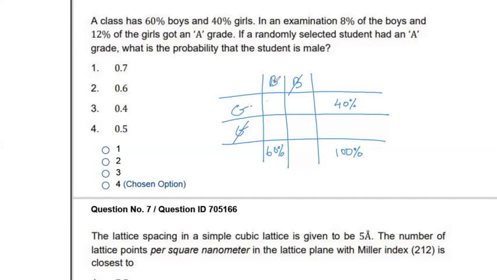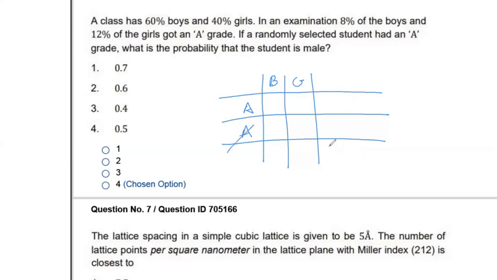So if I were to use this as A grade, not having A grade, boys and girls. See, very important mistake out here. I should have put A grade, not A grade, and boys and girls.